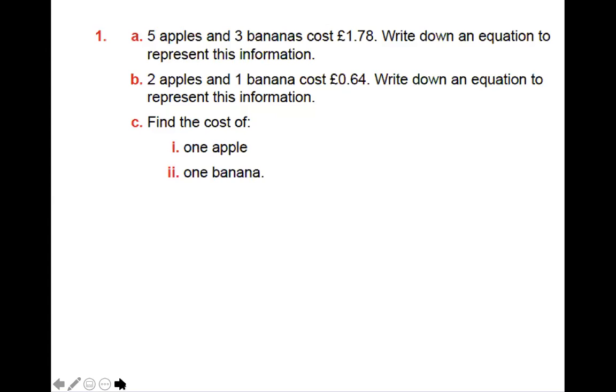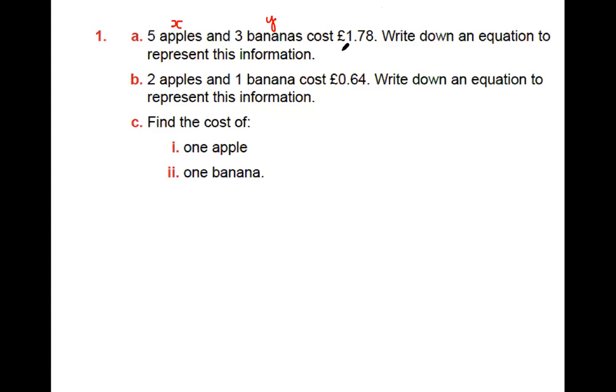So you've got to decide what you call x and what you call y, for example. We can decide here: x is the price of an apple and y is the price of a banana. Just the way we were doing with the adult and children's price, you just write down an equation.